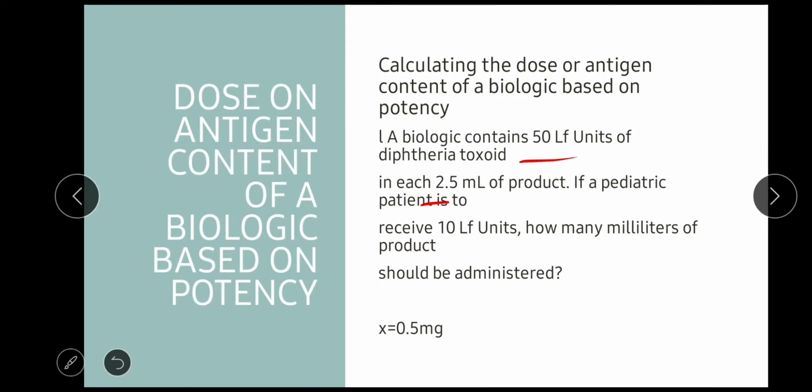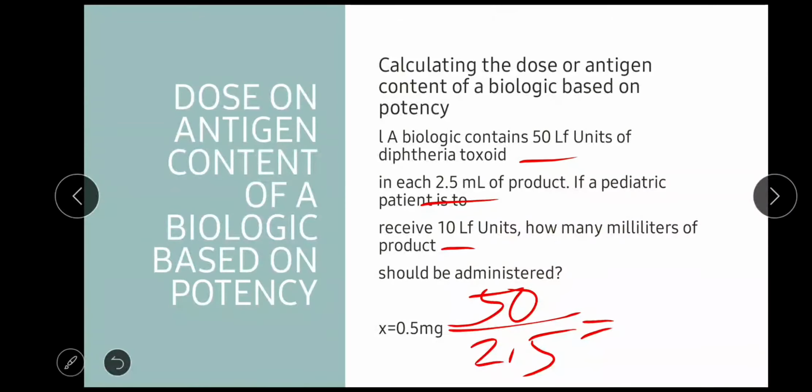We have 50, 2.5, and the 10. 50 is to 2.5 times 10. 2.5 times 10 divide by 50 is equal to 0.5 ml.